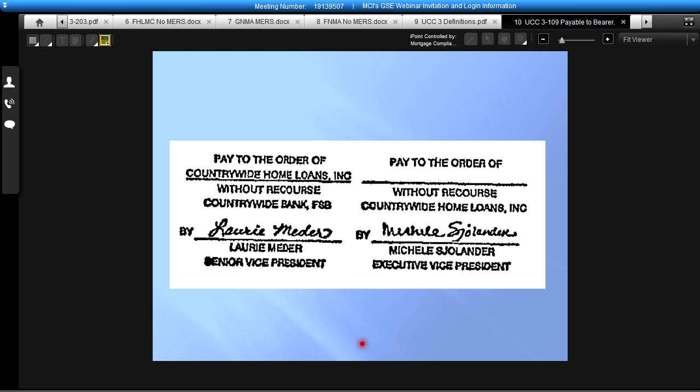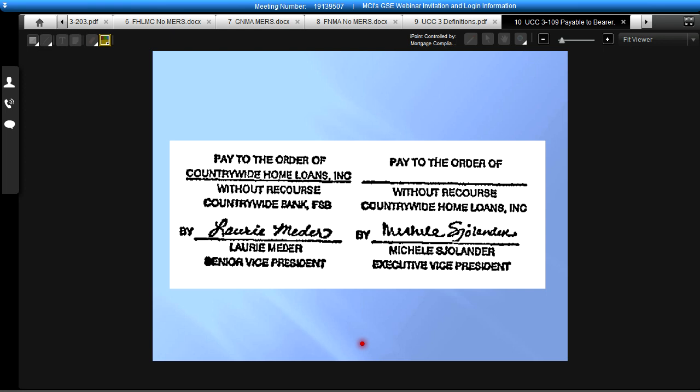Okay, under UCC 7501, form of negotiation, requirements of due negotiation, A, the following rules apply to a negotiable document of title. 1, if the document's original terms run to the order of a named person, the document is negotiated by the named person's endorsement and delivery.